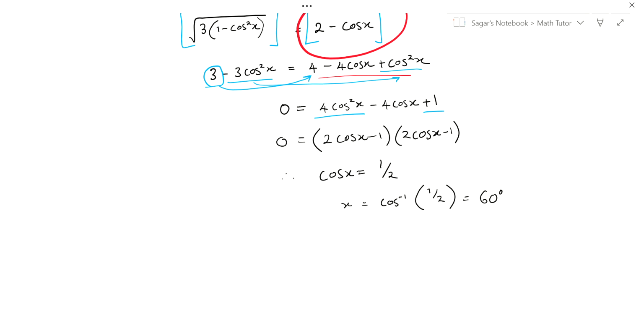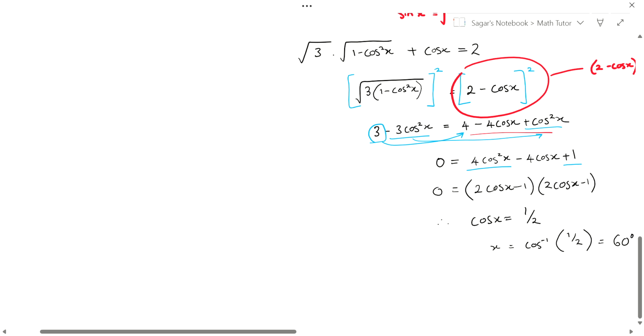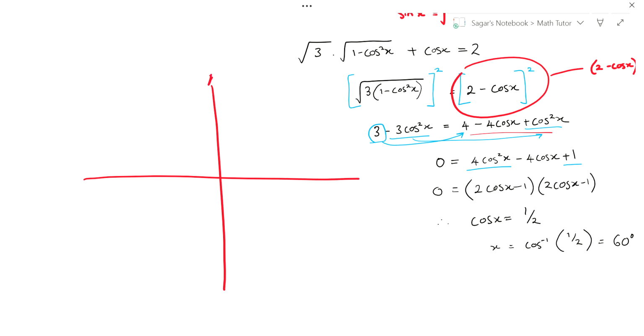Now here we need to be cautious. Let me show you this trick. Let us draw the Cartesian plane, and let us draw the cos graph. I can see I won't have space there.